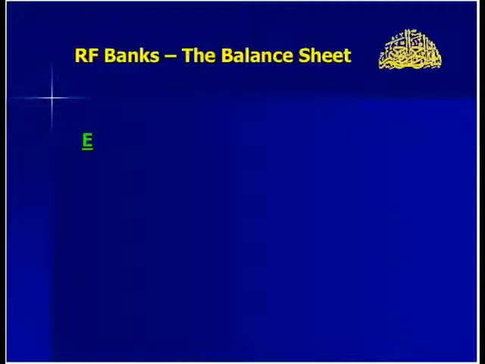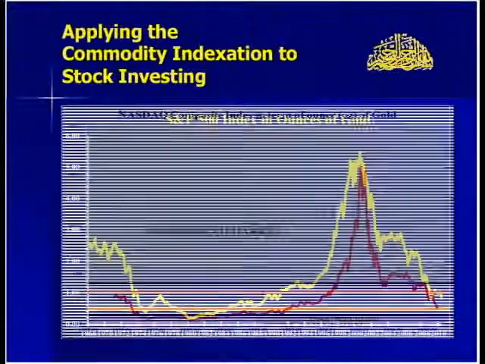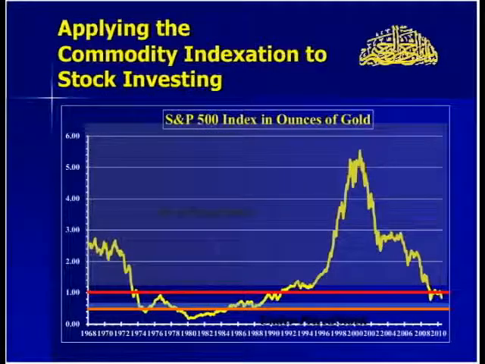On the graph for the ounces of gold, the two bands that are an estimate of the fair market or the estimated real value, how do you come up with the two bands?